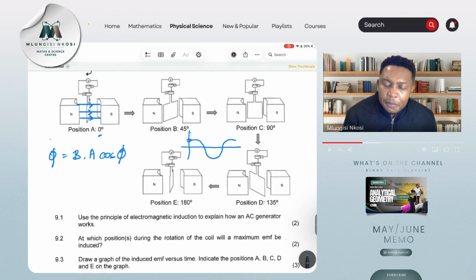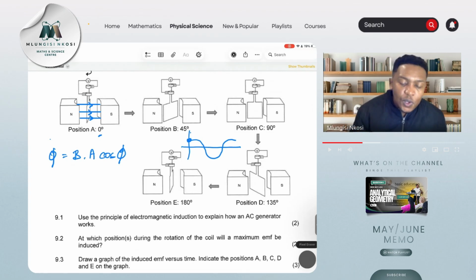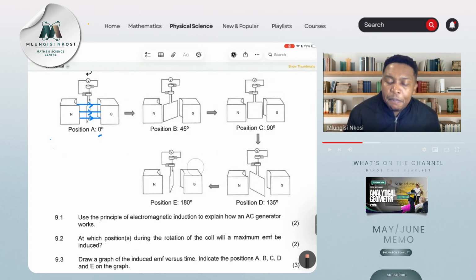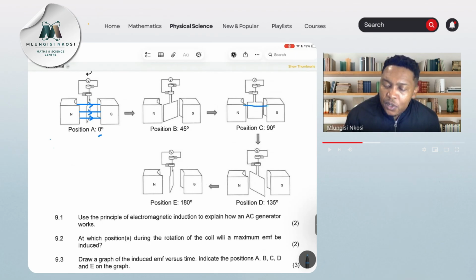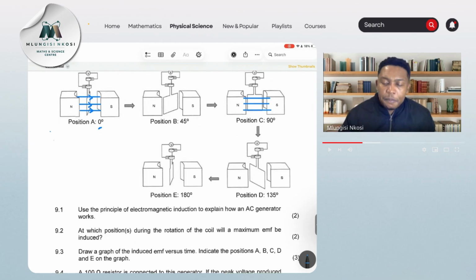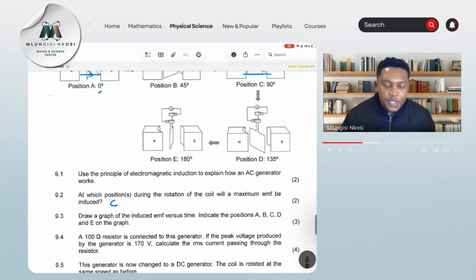This is when the angle between the magnetic field and your armature is 0, meaning they are parallel to each other. Where are they parallel to each other? It's over there, and so in that case, it must be at position C.